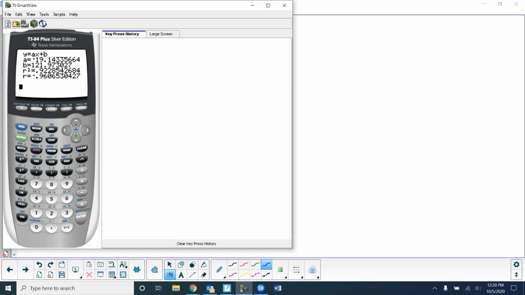Because you hit the 1 instead of 4. So hit the stat and the calc, and then hit 4. Mine's just saying invalid dimension. You got it now, right? Yeah. That's it.